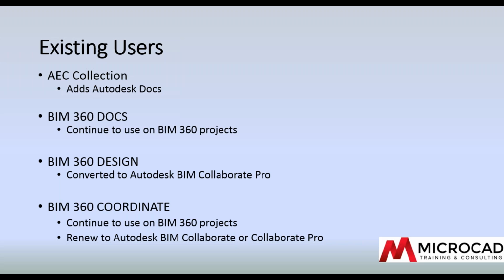If you have BIM 360 Design entitlements, then they will have been converted to an Autodesk BIM Collaborate Pro subscription. And if you had a BIM 360 Coordinate subscription, then you can continue to use it on existing BIM 360 projects until renewal time. Then you can either renew it as Autodesk BIM Collaborate or upgrade it to Autodesk BIM Collaborate Pro. So you've got a good process to move forward with all of these tools.